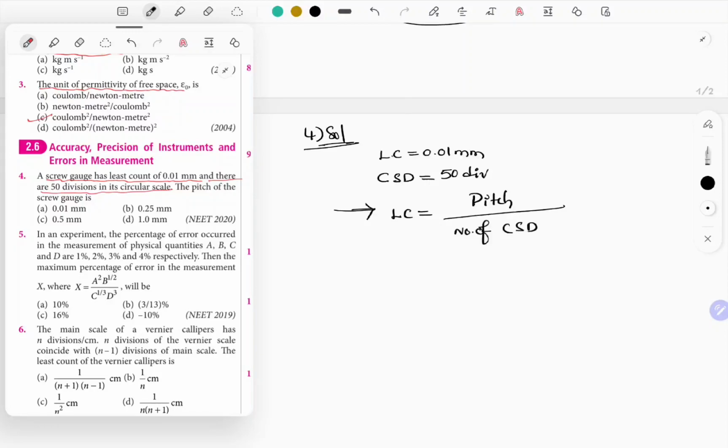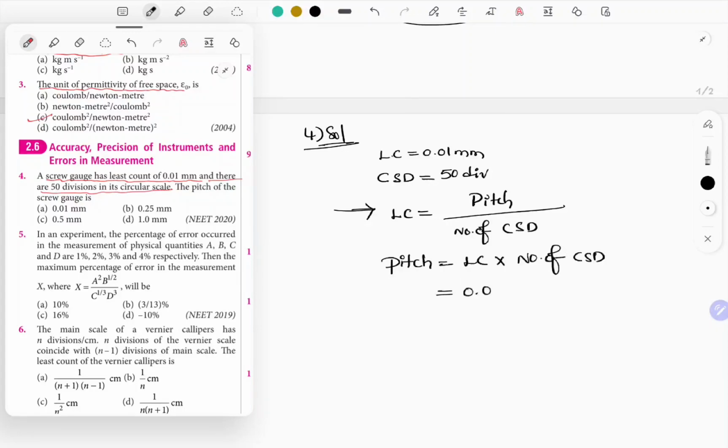This is the actual formula we have. In this case, they are asking for pitch. Then pitch is equal to least count into number of circular scale divisions.